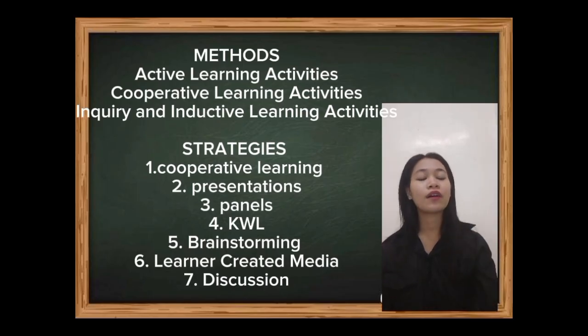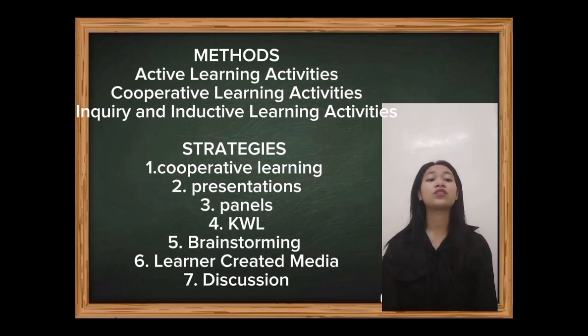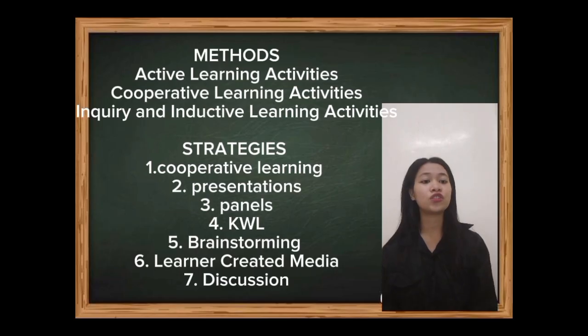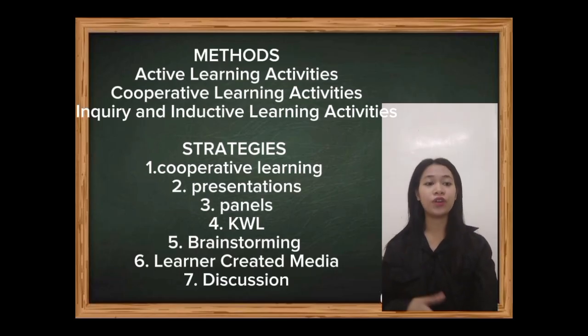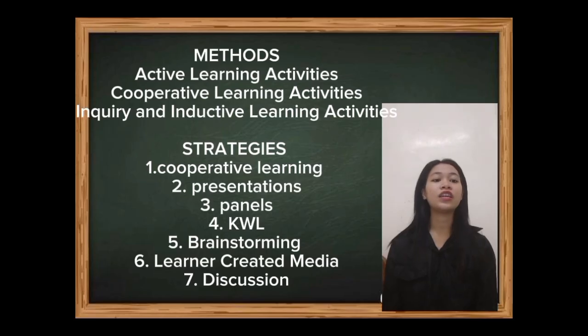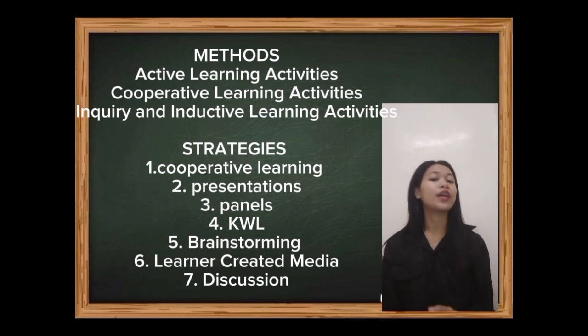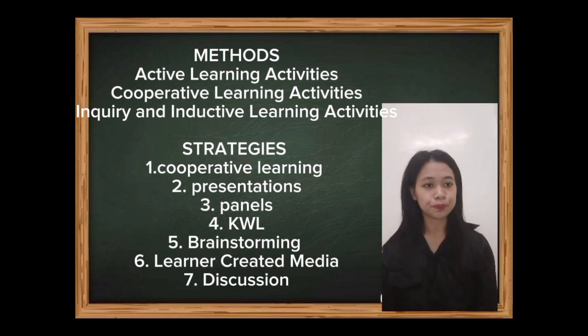Next we have the KWL. So what is this? It is an instructional reading strategy that is used to guide students through a text. Students begin with brainstorming everything they know about a topic. So the students will brainstorm or give their thoughts or ideas about the topic.